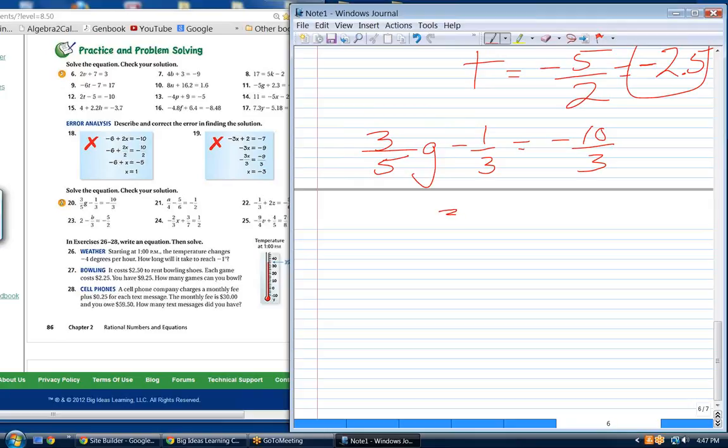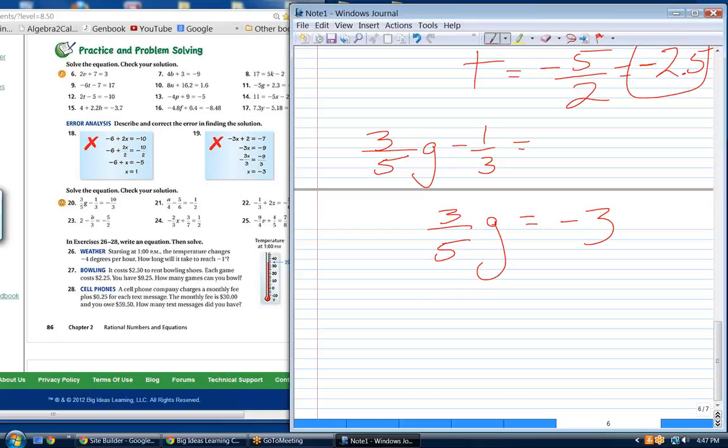So what's the next line? 3/5 G equals negative 11/3. Okay, if I got negative 10/3 plus 1/3, negative 9/3, which is negative 3. Oh, yeah, okay. Makes the problem a little easier.